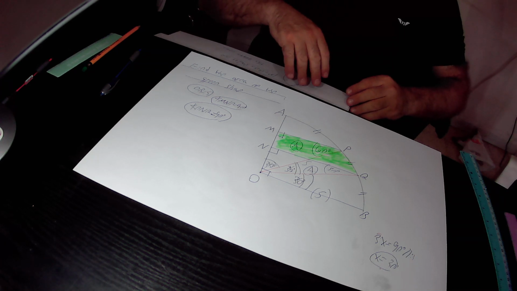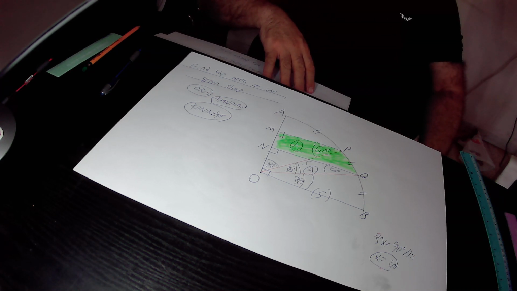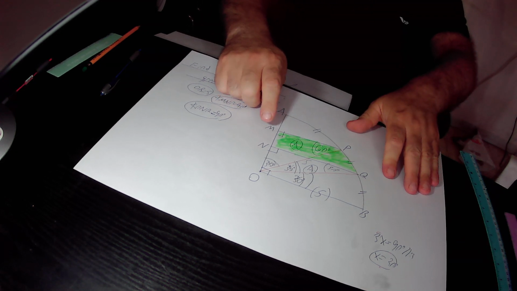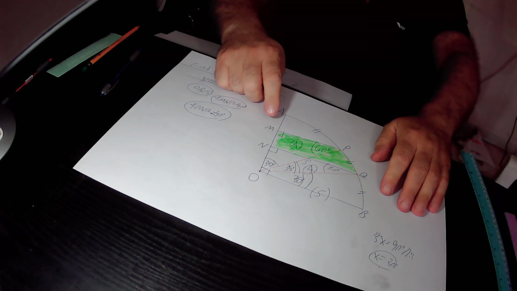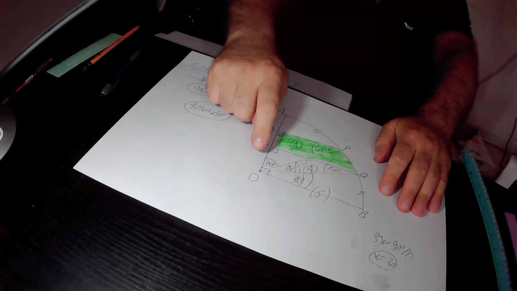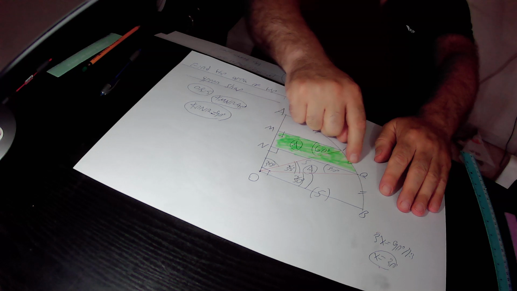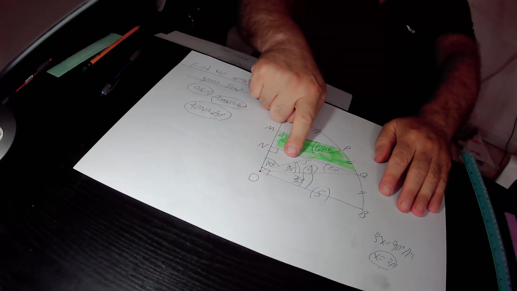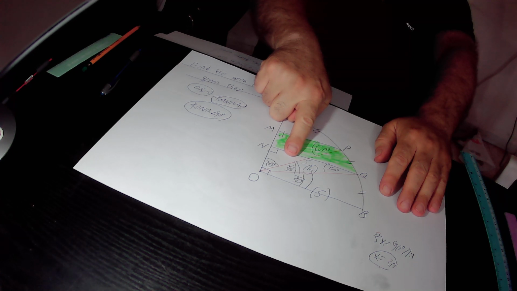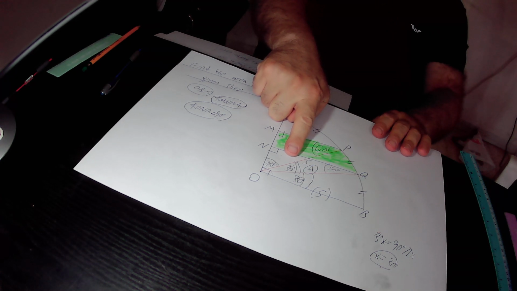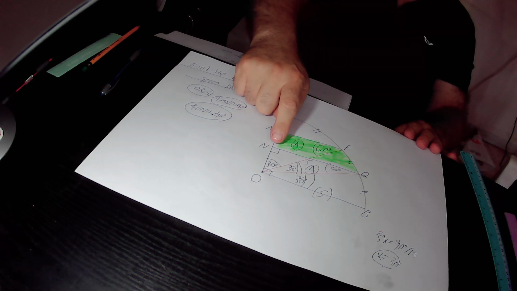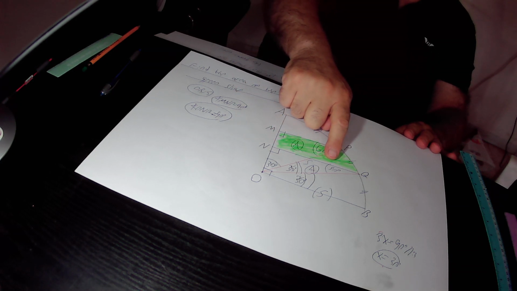Okay, so in the next step, if we focus on the right angle ONQ, this angle equals 30 degrees plus 30 degrees, which is 60 degrees. So with 60 degrees and this right angle of 90 degrees, the missing angle must be equal to 30 degrees. Why?